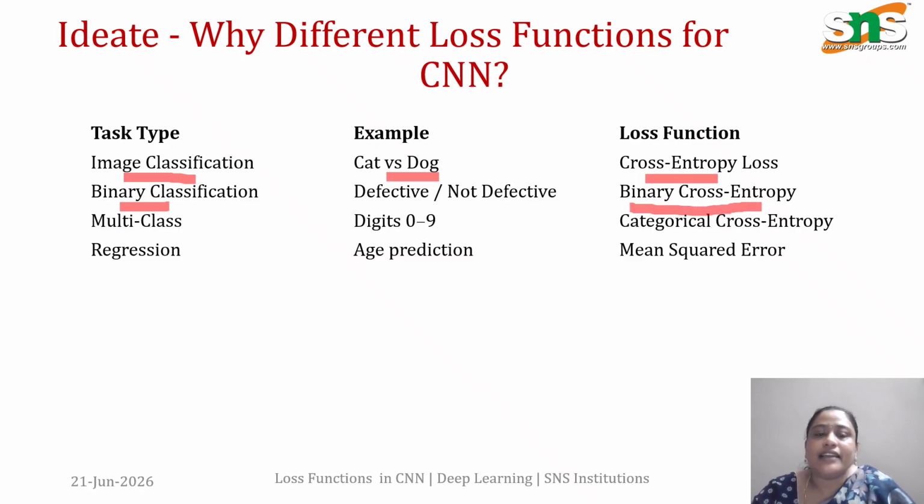If it is a multi-class classification, like the digits from 0 to 9, we use the categorical cross-entropy loss function. If the task is a regression like age prediction, we go for mean squared error. So for different task types, we have different loss functions to improve the model accuracy.